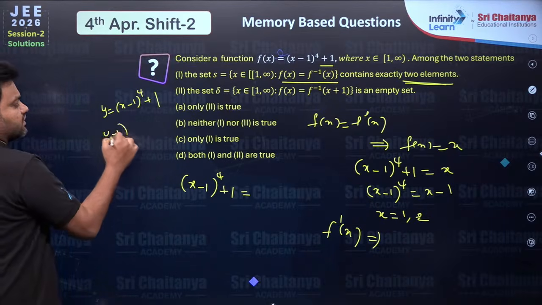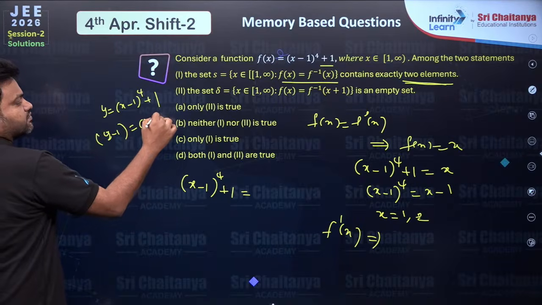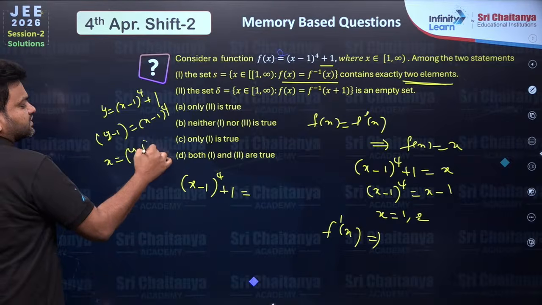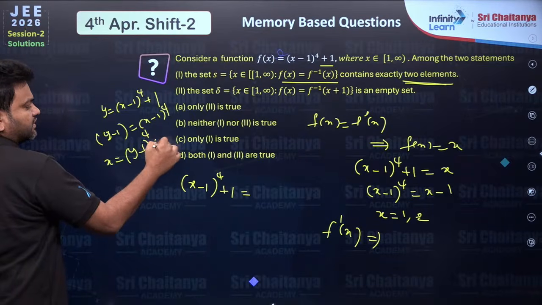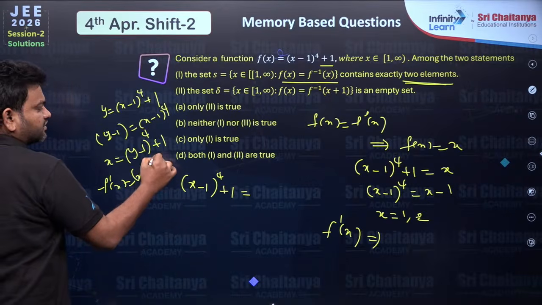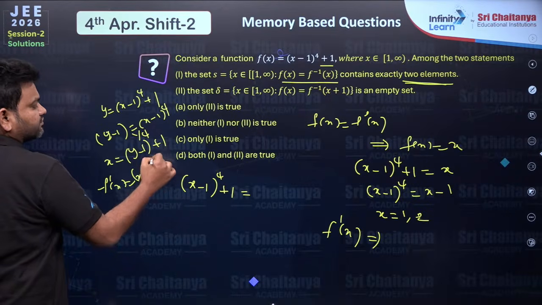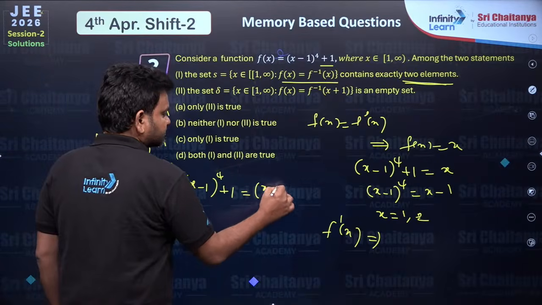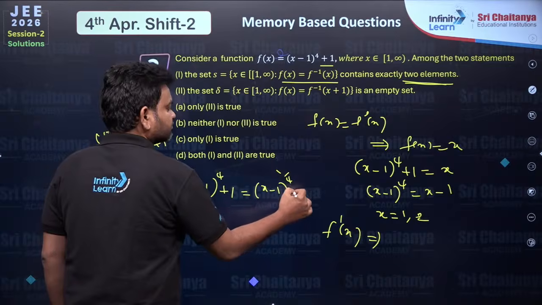So y minus 1 will be equal to (x minus 1) power 4. So x will be equal to (y minus 1) power 1 by 4 plus 1. So f inverse of x will be (x minus 1) power 1 by 4 plus 1. So here I have to write (x minus 1) power 1 by 4 plus 1.